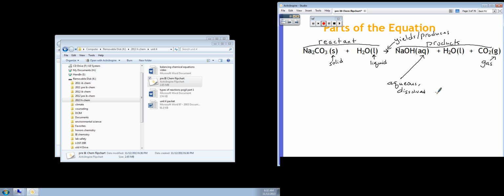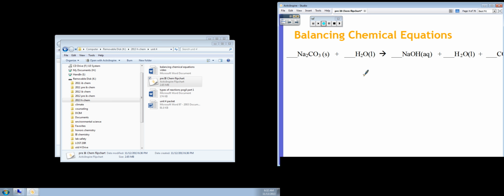When it is dissolved in solution, if it is ionic, it will break up into the ions. So your ionic compounds are going to form ions. In this case, it's going to form sodium ions and hydroxide ions.